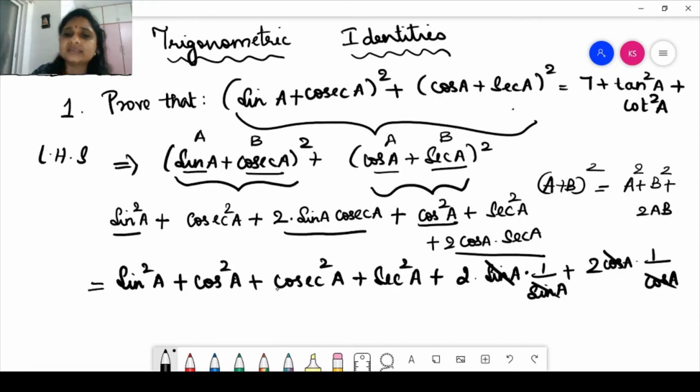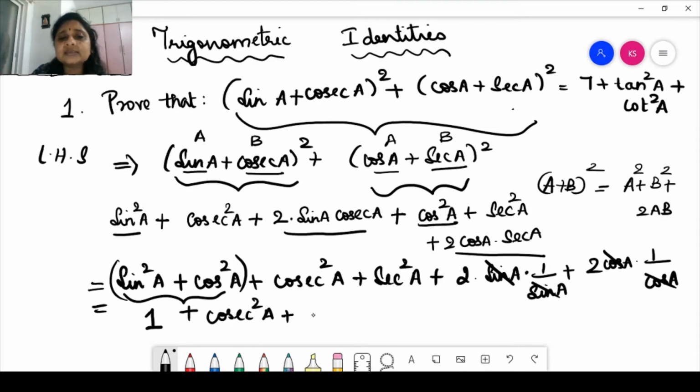Cos A and cos A get cancelled. So basically I have sin² A + cos² A is 1. I'm using the trigonometric identity here that says sin² A + cos² A is 1. And then I'm just going to write cosec² A as it is and sec² A as it is, plus 2 into 1, that's 2, plus 2 into 1, that's 2. So 2 plus 2 gives you 4.